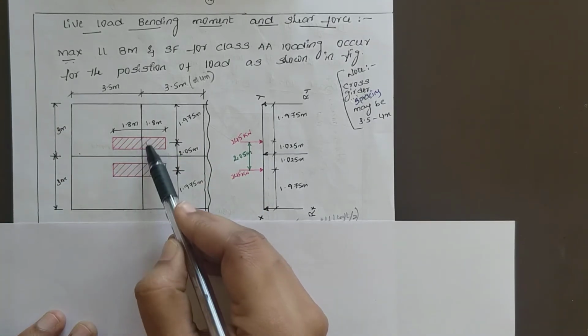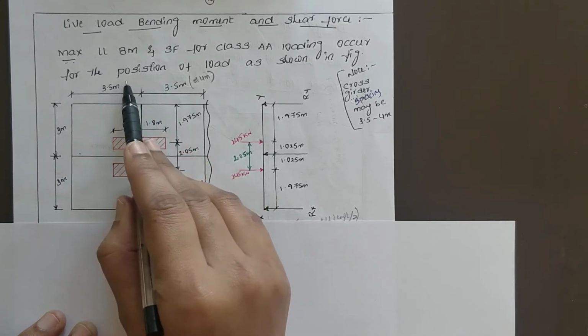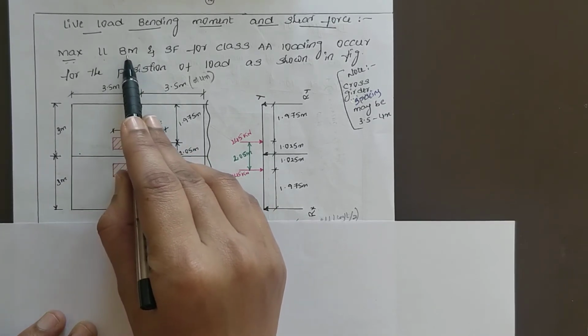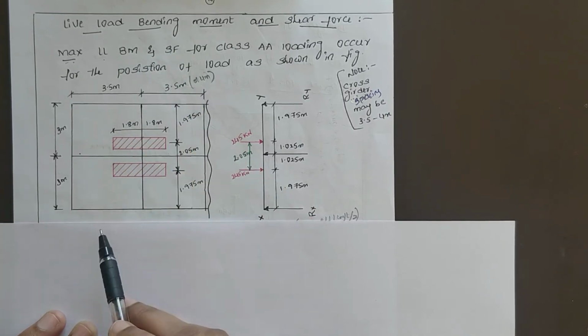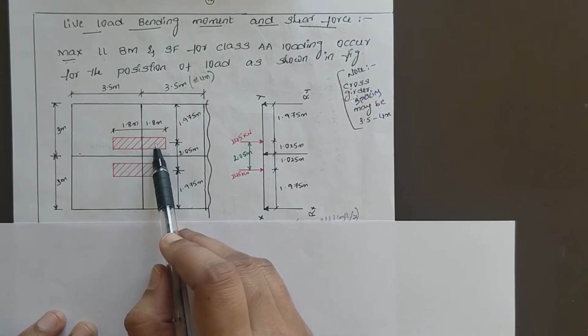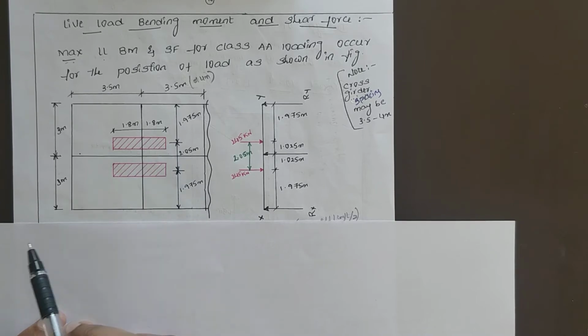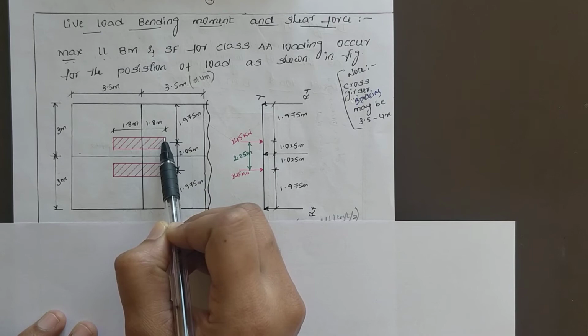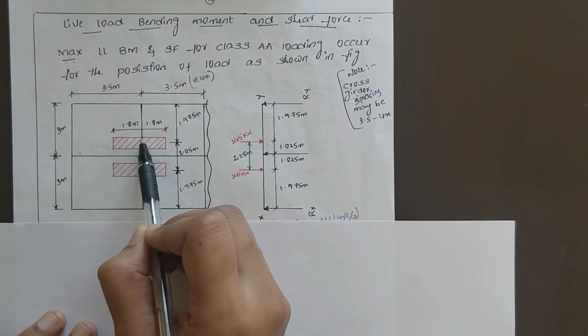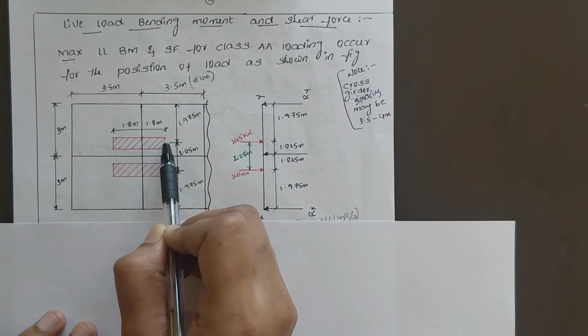You need to place the wheel. See here, the maximum live load bending moment and the shear force will occur for this position of the load. They have specified class AA loading. Then the effective length of the load as per IRC 6 is 3.6 meter, so half of that is 1.8 and 1.8.